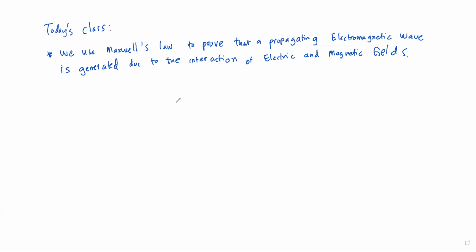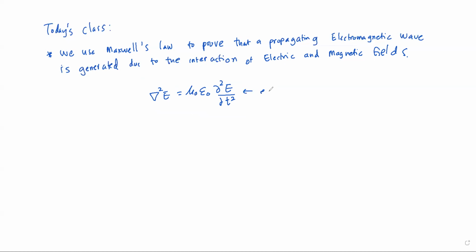In the last class, we proved that the electromagnetic wave follows wave-like behavior, and we derived the equation where the Laplacian of the electric field is equal to mu naught epsilon naught times the second derivative of E with respect to time, ∂²E/∂t².